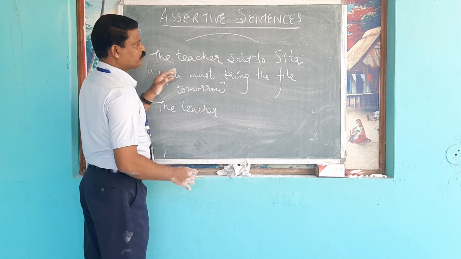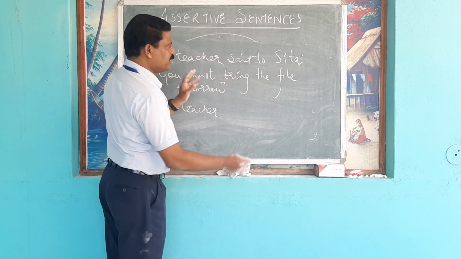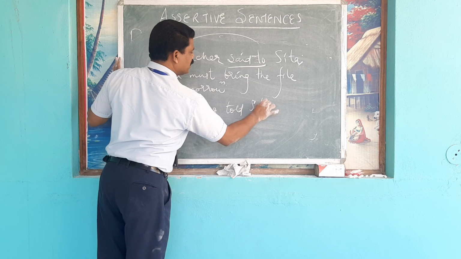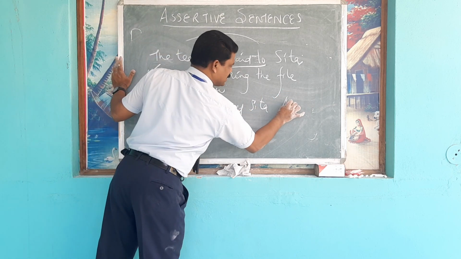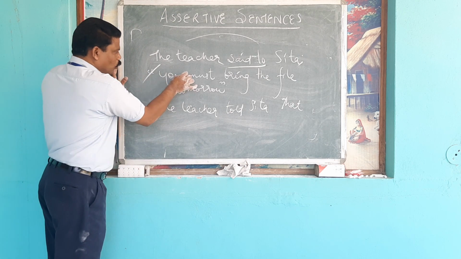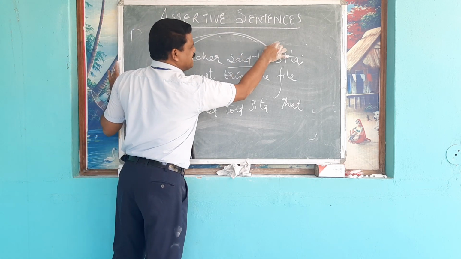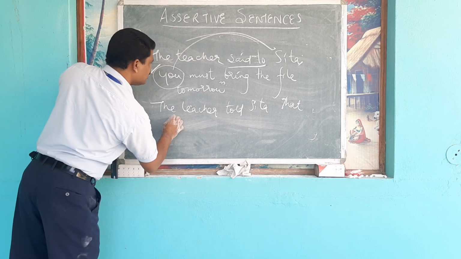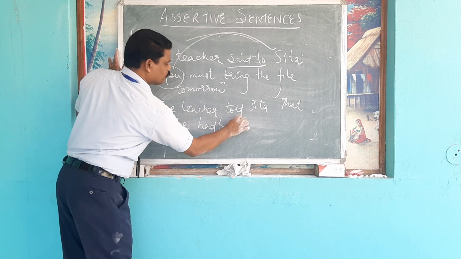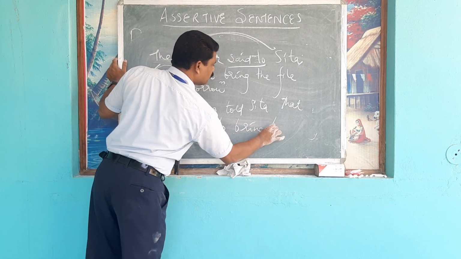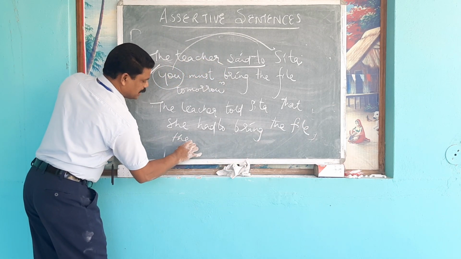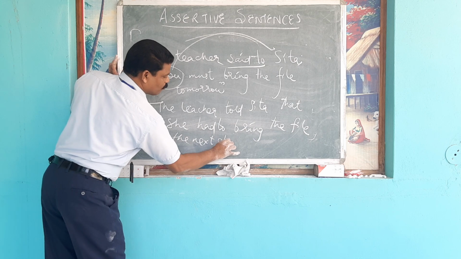The teacher, here you can see the listener, so said will be changed into told Sita that. Then you will be changed according to the listener, Sita, she. Must will change into had to bring the file. Tomorrow will change into the next day.